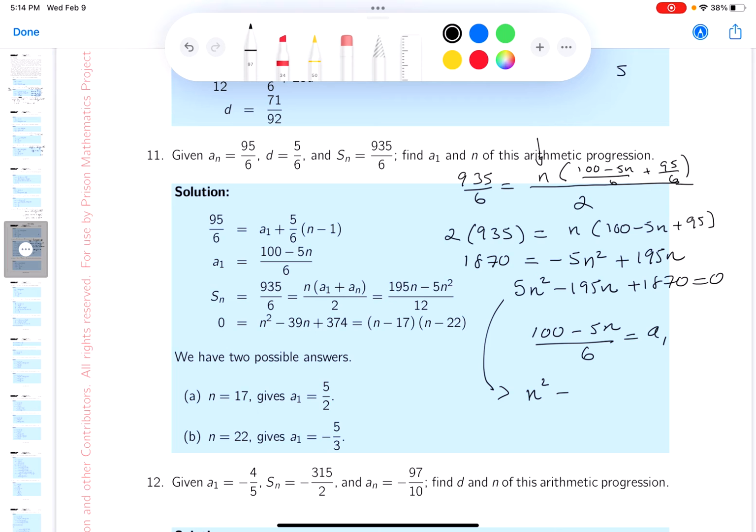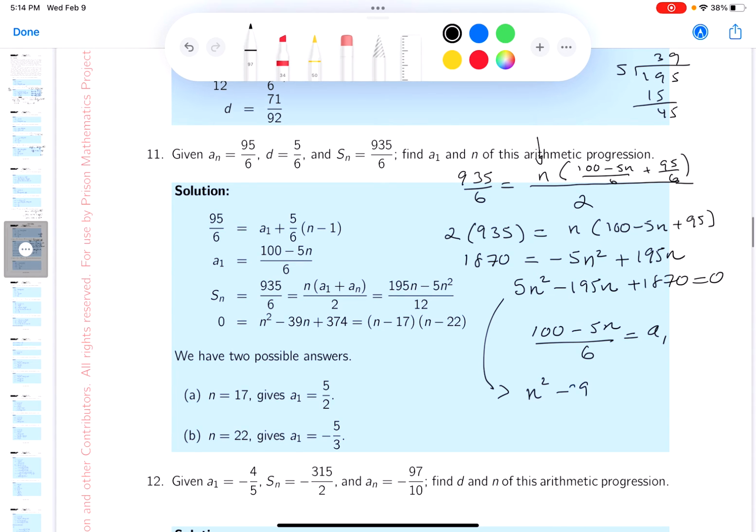I think it's pretty easy, but I'm still going to write it down for you. 195, that goes in 3 times, which is 15. That's 45, so 39 times. And I'm also going to do 5 into 1870, and that's the whole point of it, to make these numbers more manageable for me.